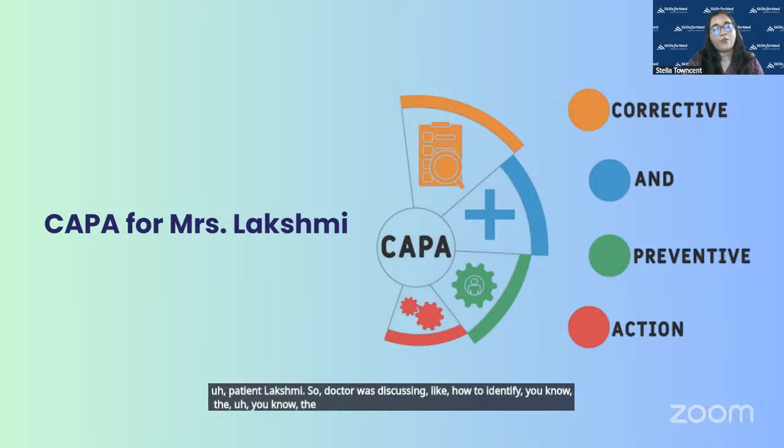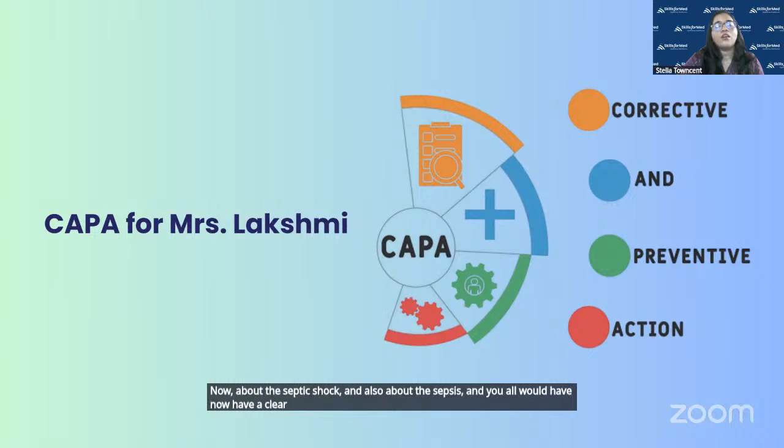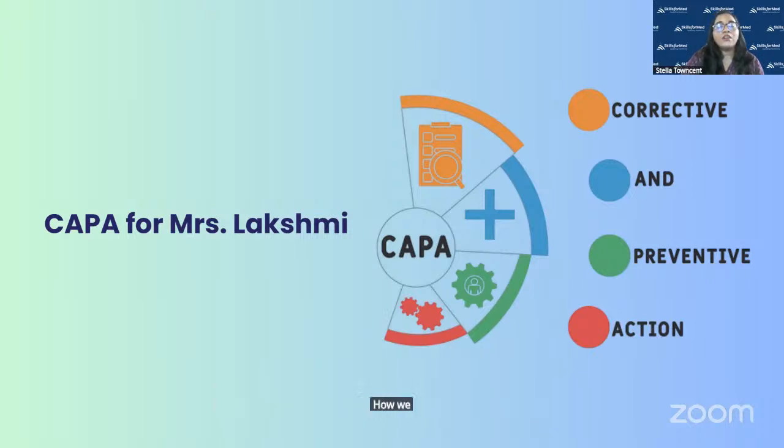He explained about SIRS, septic shock, and sepsis. You all now have a clear understanding of how to recognize and identify subtle deterioration in the patient. So now we are ready to do the corrective action and preventive action for patient Lakshmi, and how we can prevent such incidents in the future.